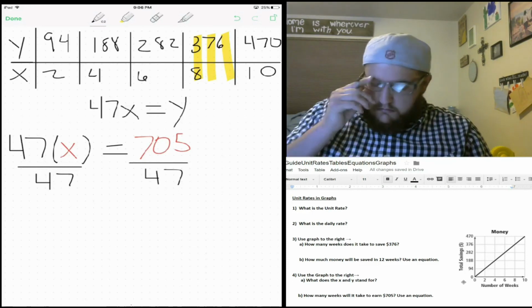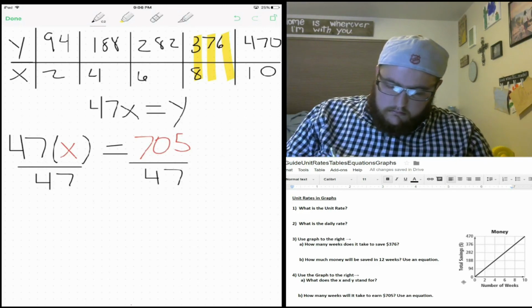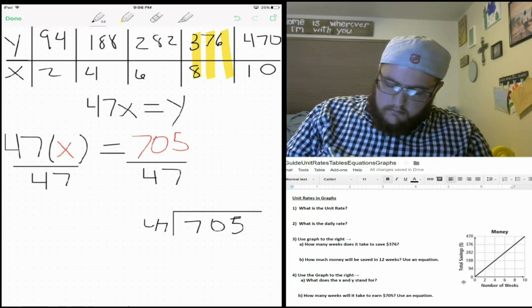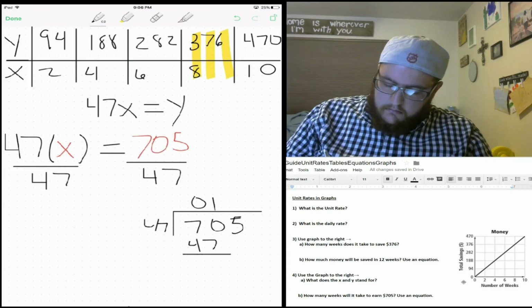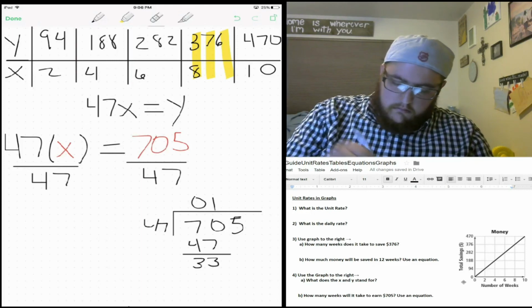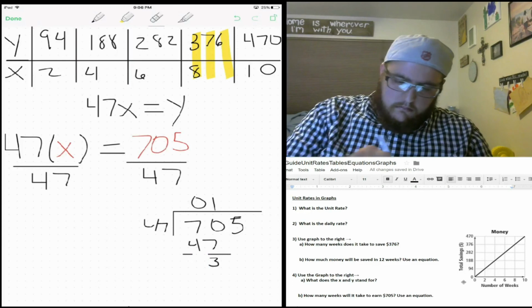Trying to do some mental math. I don't know what 705 divided by 47 is, so let's go ahead and write the math out. 47 doesn't go into 7, but it goes into 70 one time. If we subtract them, we are left with 33. Oh, no, it should be 23.